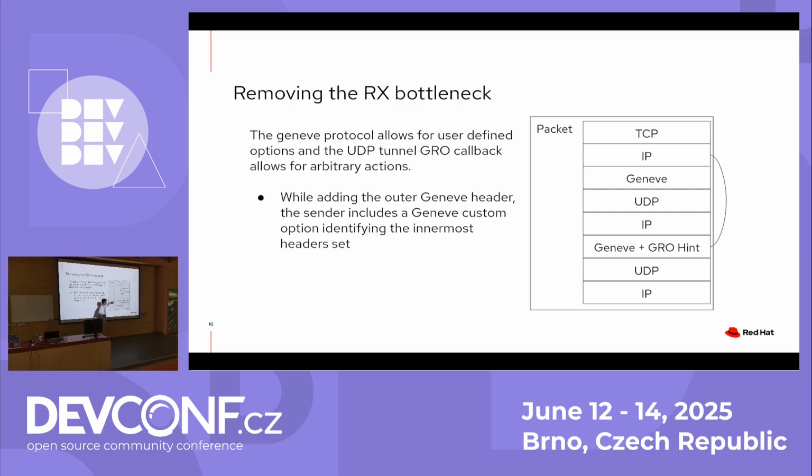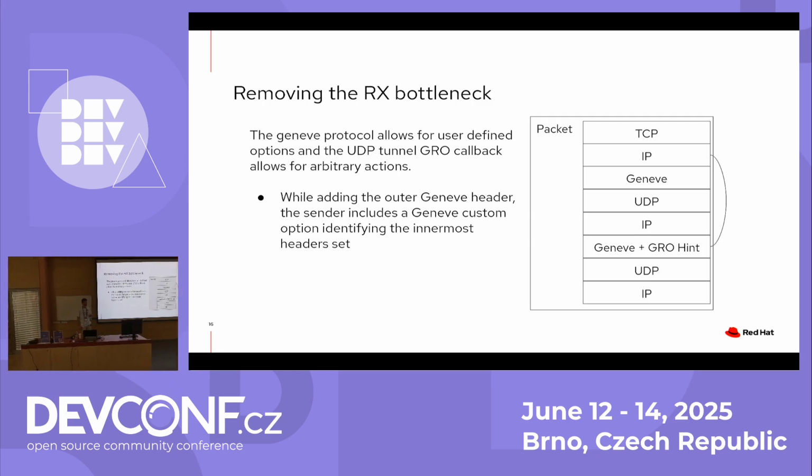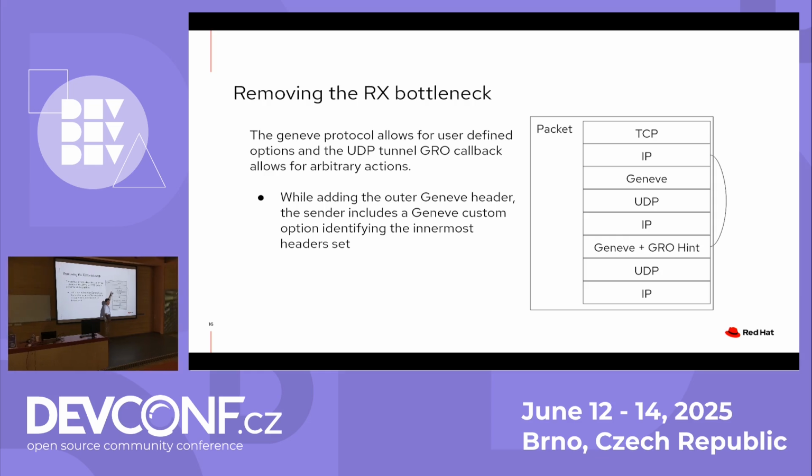When it reaches the Geneve header, the Geneve GRO callback is called, which interprets that special option, if it finds it, obviously, and finds the location of the inner header inside the packet. It tries to match everything in between here.